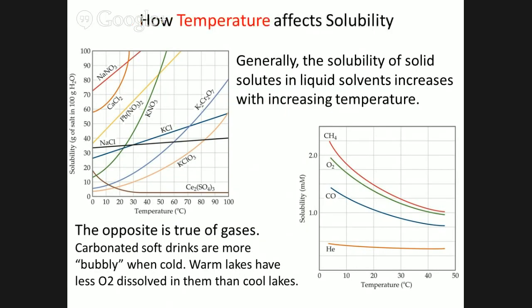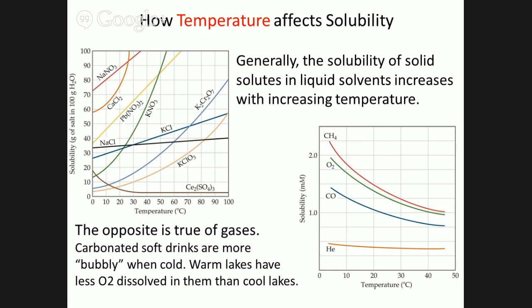Okay, we will spend a lot more time with this particular slide later on, but as I mentioned earlier, when we had saturated and unsaturated, they all said at a specific temperature. Well, these are showing you how solubility can change with temperature. And basically what we have for our first picture here on the left is these different salts, how much can be dissolved at a given temperature.